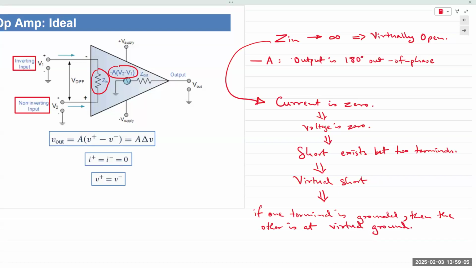It comes from virtual short. So it's not really a short and it's not really a ground. So we say it's virtual short and virtual ground. Not real. And again, that's for the purposes of analysis. So we'll use this concept to analyze different kinds of amplifier circuits using the op-amps.